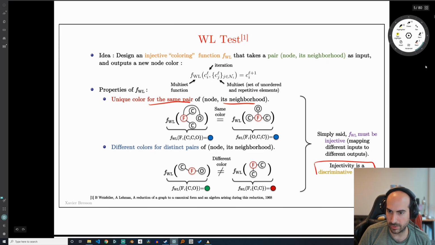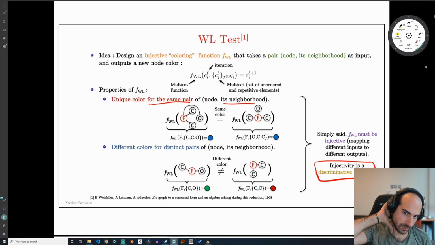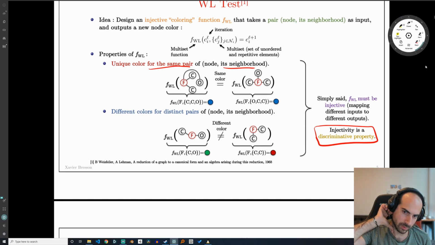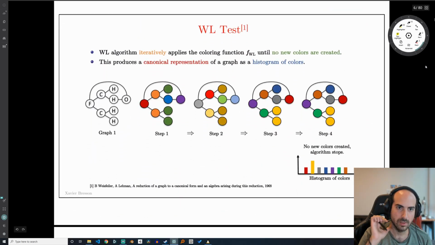Injectivity is a discriminative property that takes a node and its neighborhood as input and outputs a new node color. I think the terminology there is a bit complicated. So the algorithm iteratively applies the coloring function until no new colors are created.